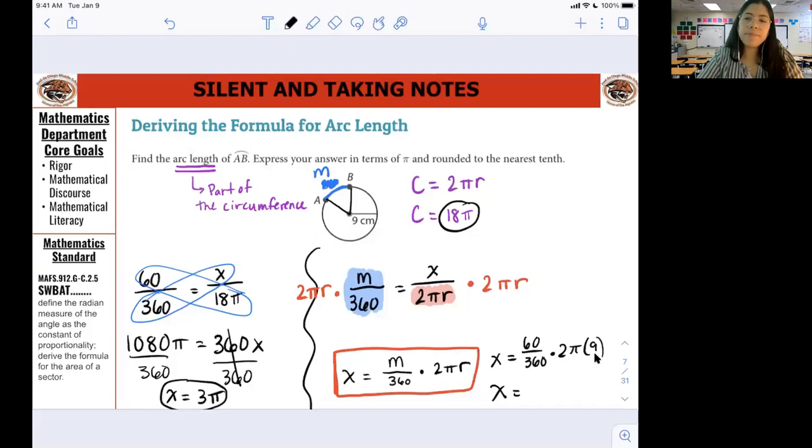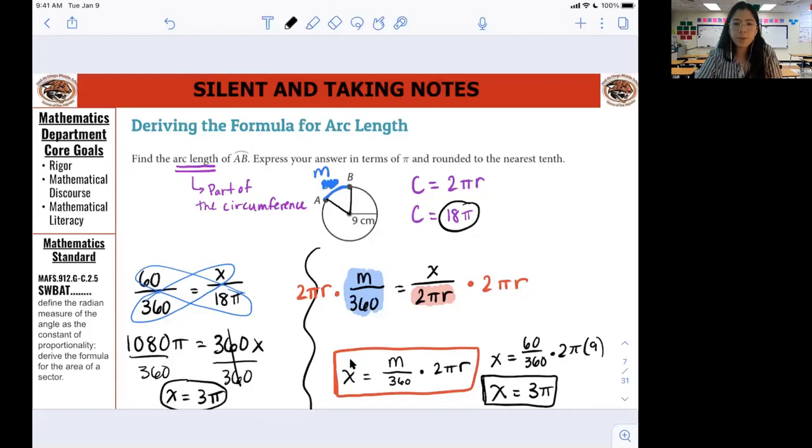Anyone? You still get the same thing, 3 pi. And Rios, if you do that into your calculator, you should also get 3 pi. So 0.16666666 times 18 gives you 3 pi.